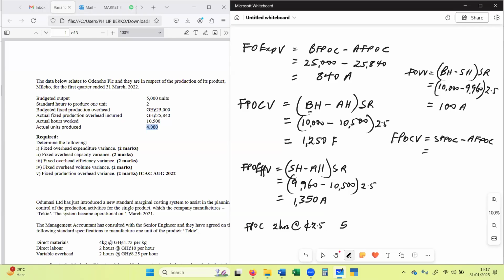So if you want the standard fixed production overhead cost, we use this 5 to multiply what?